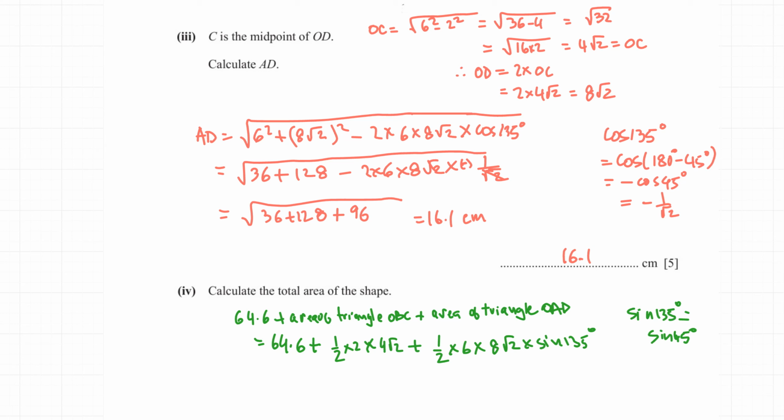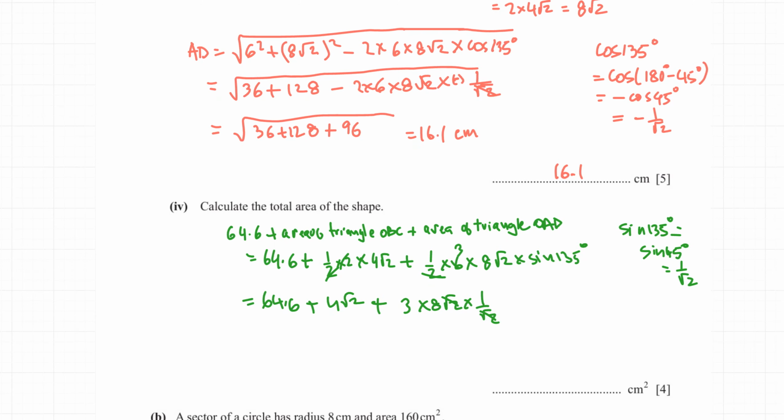Sine is positive in the second quadrant, that is equal to 1 over root 2. So then I can write this is equal to 64.6 plus 4 root 2 plus 3 times 8 root 2 times 1 over root 2. So that would be 24.